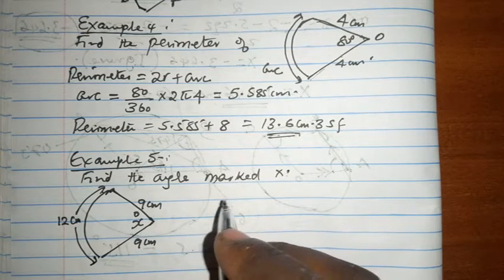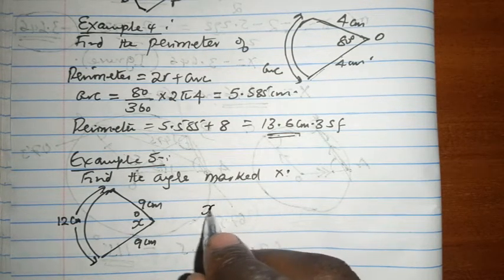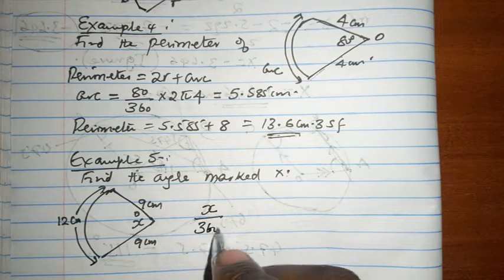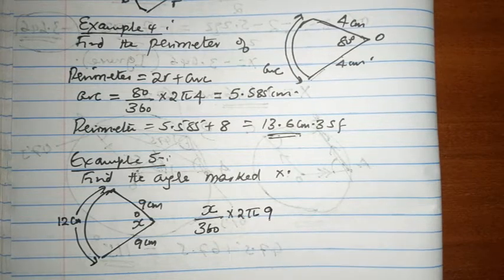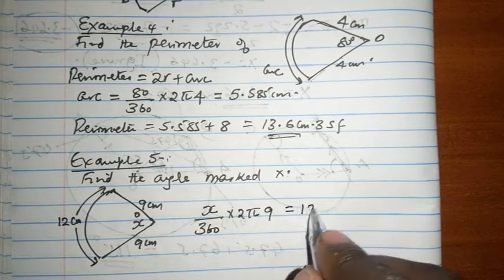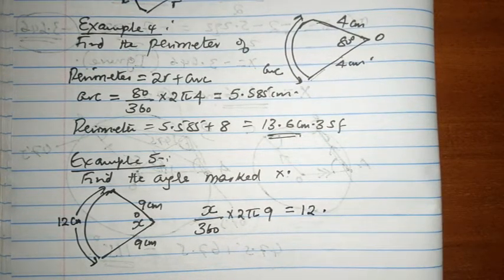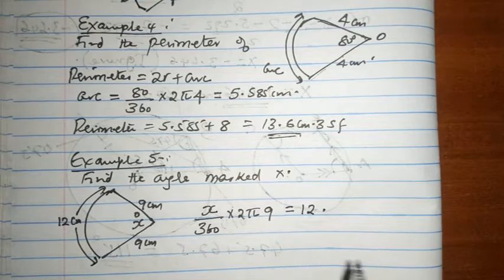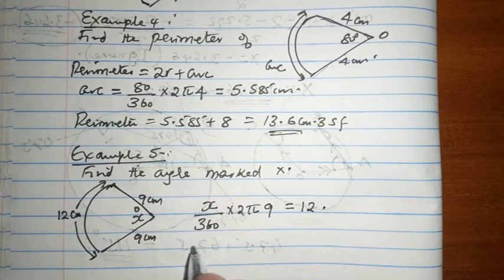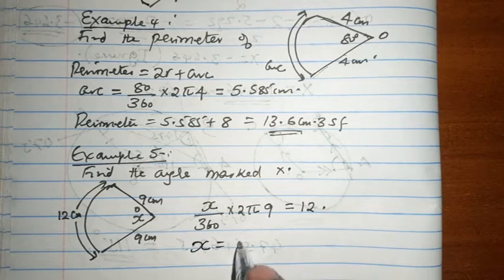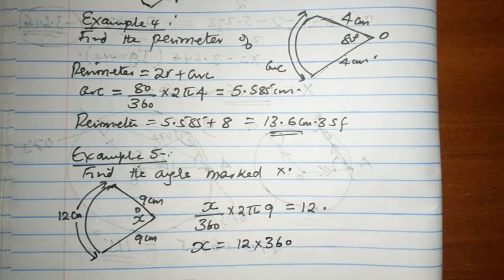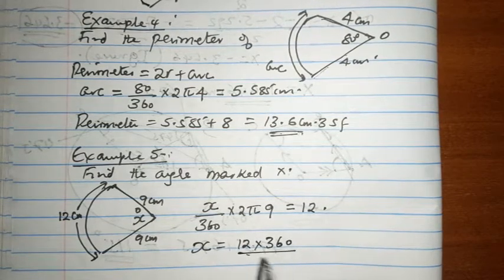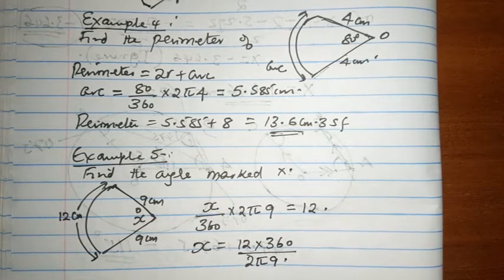Because we don't know x, all we know is that x out of 360 times 2 pi r is what is giving us 12. So if we make x the subject of the formula, x equals 12 times 360, everything over 2 pi 9.